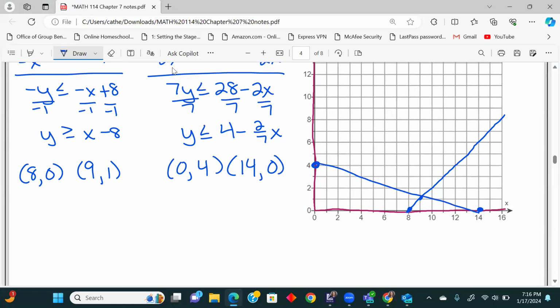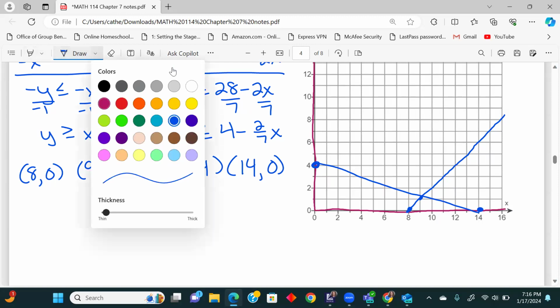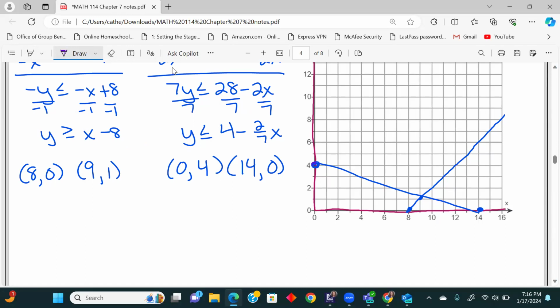Not very pretty. All right, so we do have 4 corner points. It's just shaped a little odd. Let's do purple. Corner point here, 2, 3, and 4.